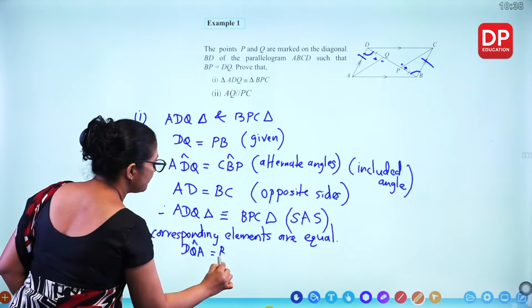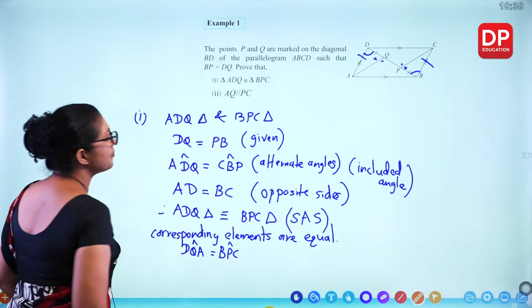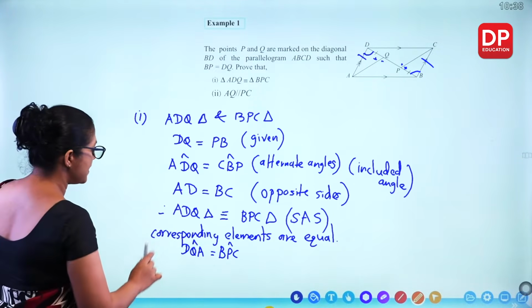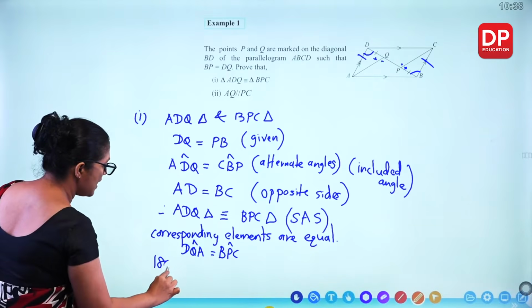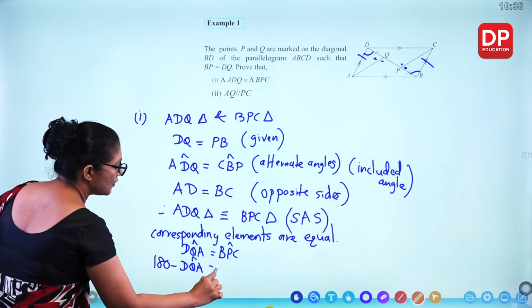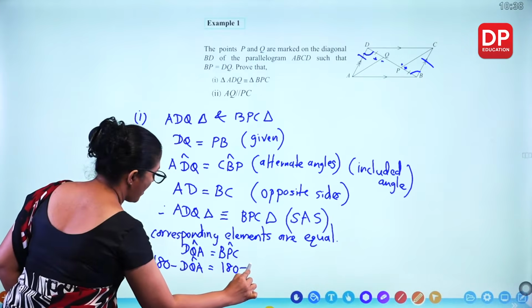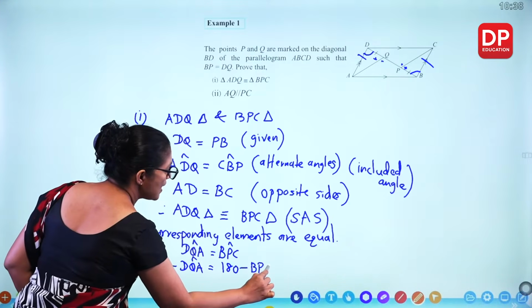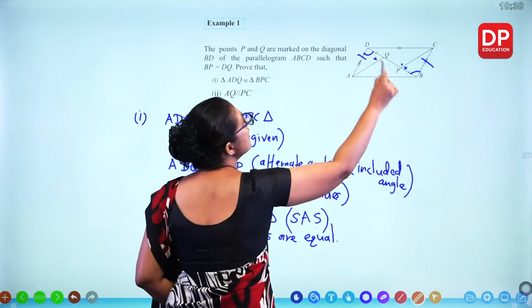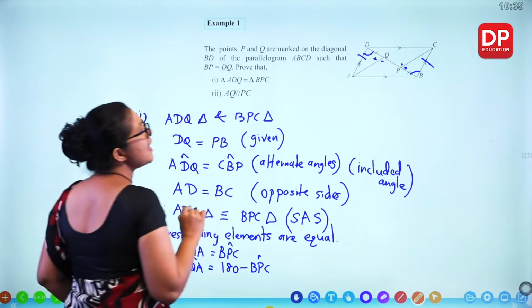BPC angle. Then I want to subtract from 180 both sides. 180 minus DQA, 180 minus BPC. What's that? 180 minus this angle is this one, AQP.